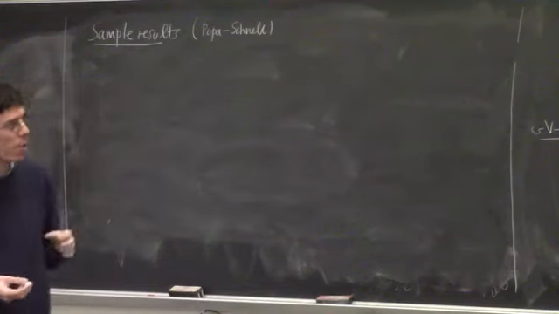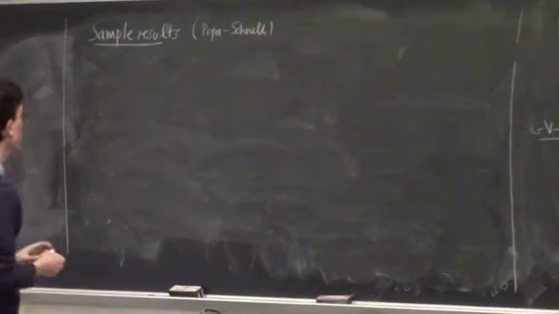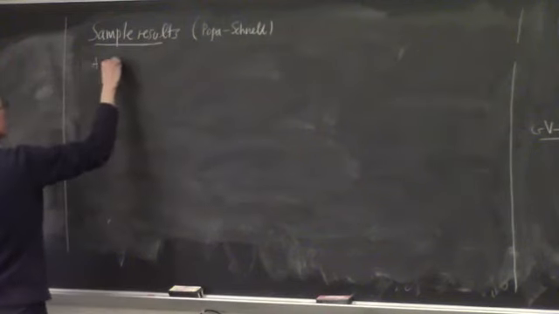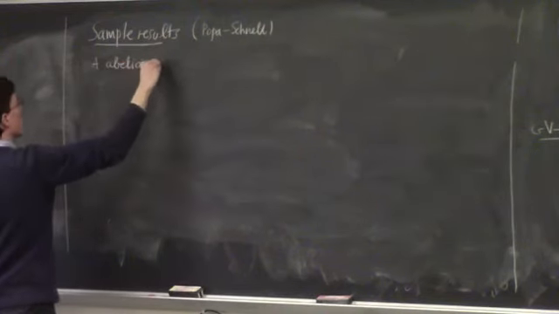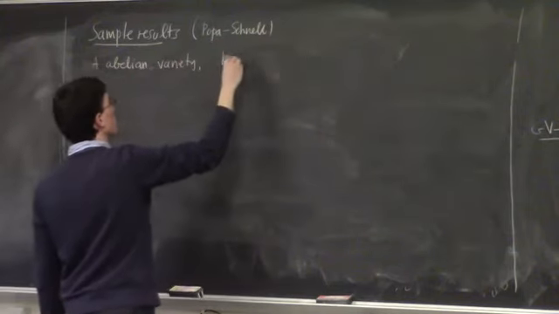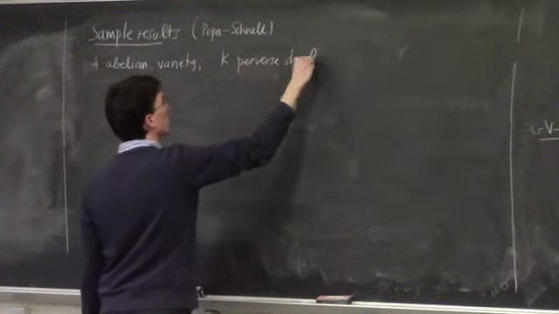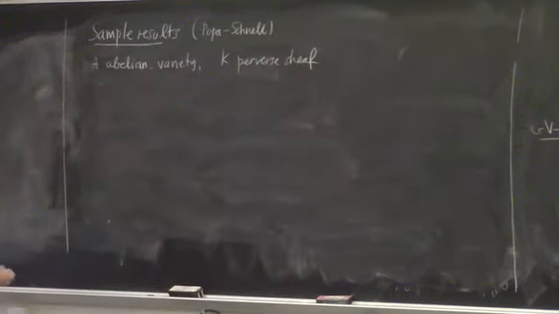In general, we take one of these perverse sheaves on an arbitrary projective variety. So let's say I take A to be an abelian variety, and K to be one of these perverse sheaves, for example one of the ones over there.